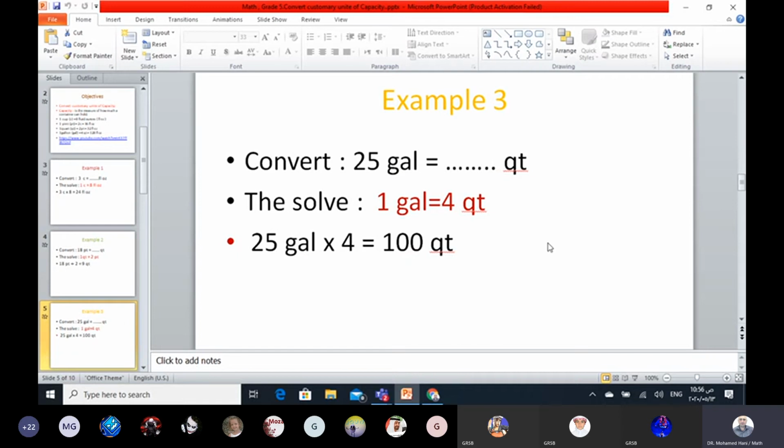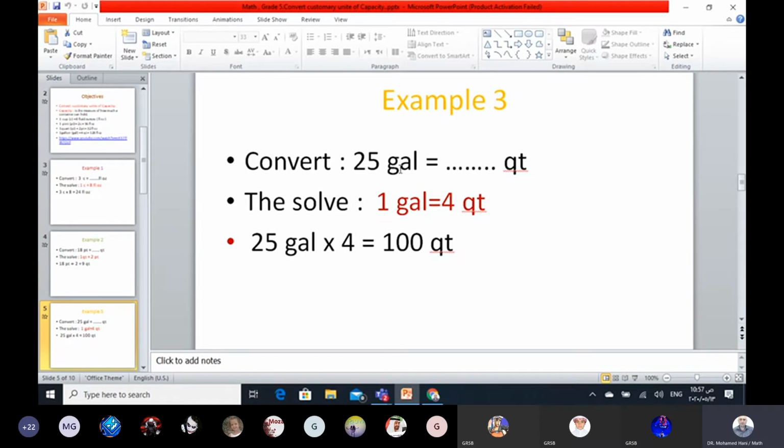Example 3. We want to convert 25 GAL, gallons, to quarts, QT. What is the relationship between gallon and quart? 1 gallon equals 4 quarts.